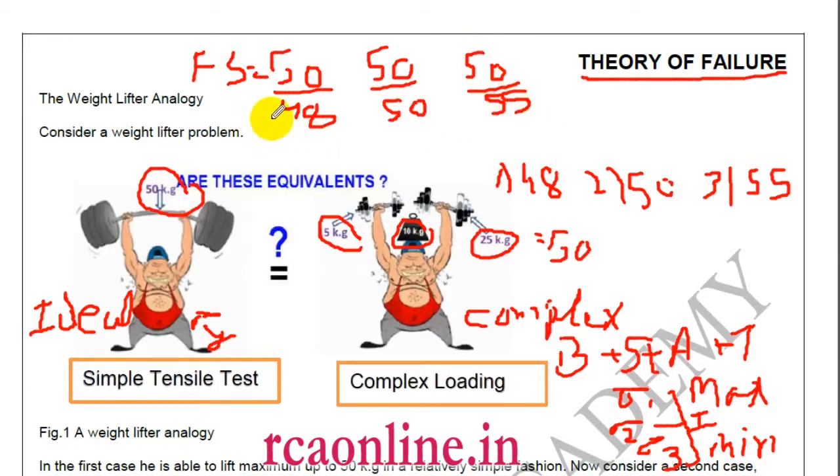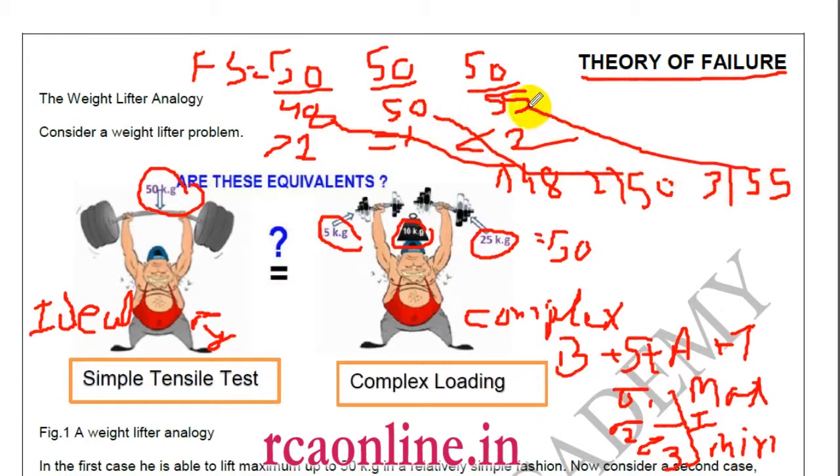So in the first case the factor of safety is more than 1, in the second it is 1, and in the third it is less than 1. The person is safe only if he lifts less than 50, so the factor of safety will be more than 1.